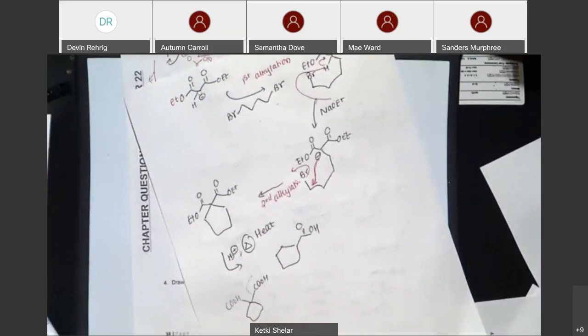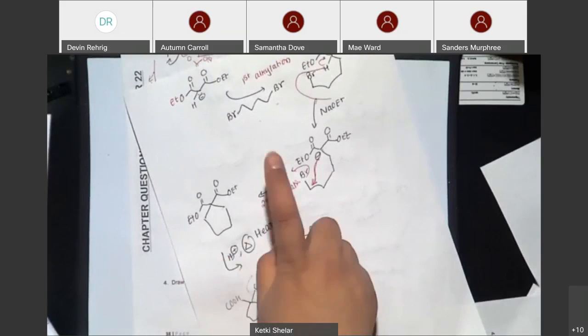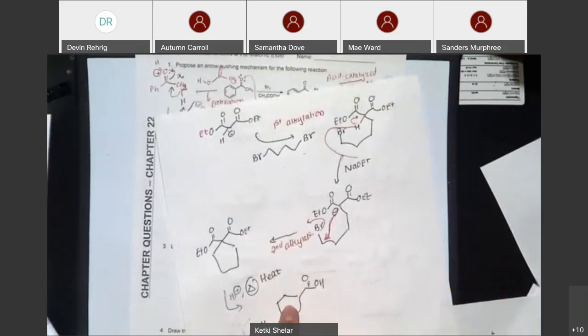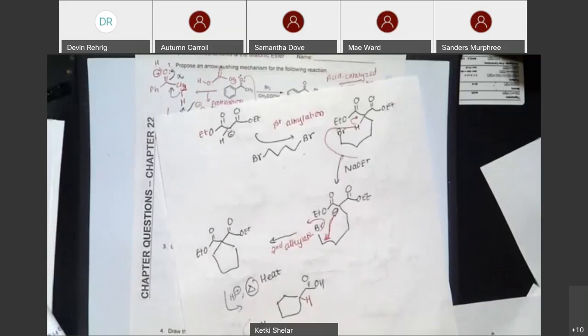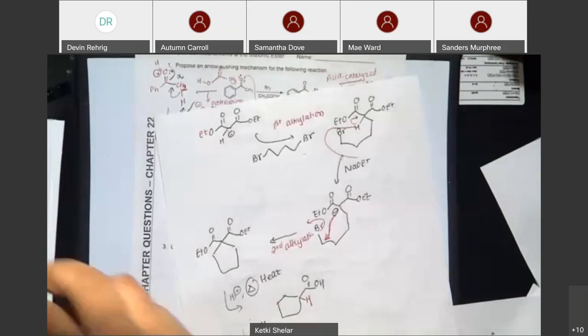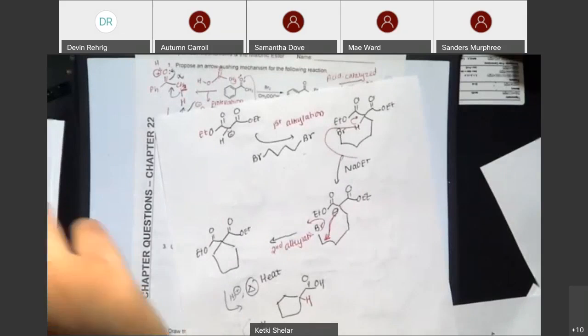So it will be only one COOH which will be staying there. Okay, so this is the first alkylation, second alkylation, and as we discussed, there is just one hydrogen. So there are two alkylations which are taking place.